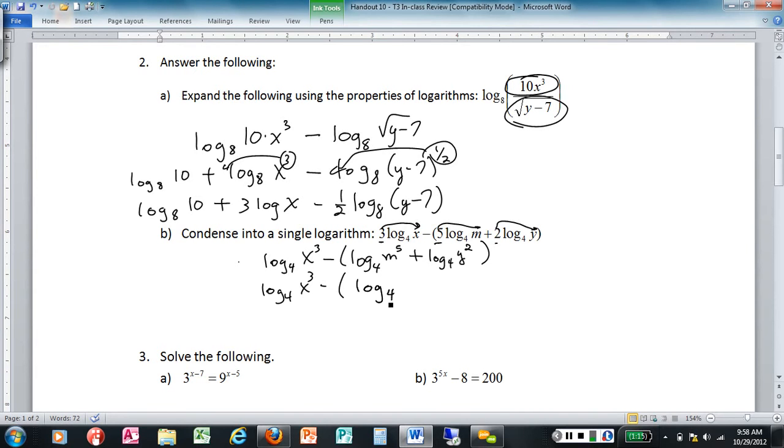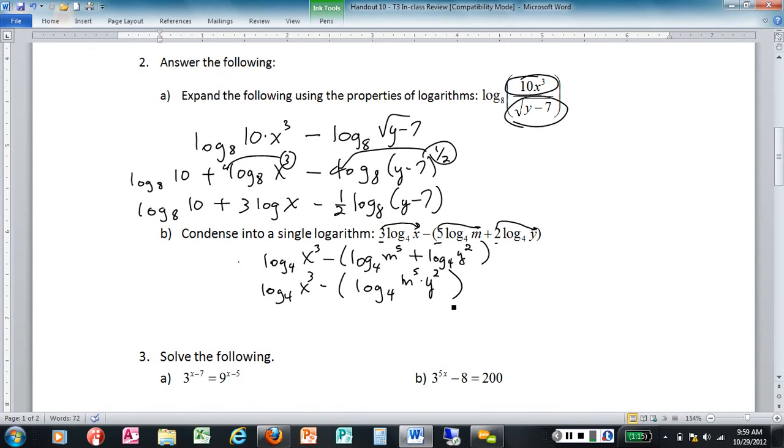We don't add the stuff on the inside. It multiplies, yeah. When we're condensing logarithms, if we've got them added, they condense, but you multiply the insides together. So it'll be m to the 5th times y squared on the inside of the one log base 4.